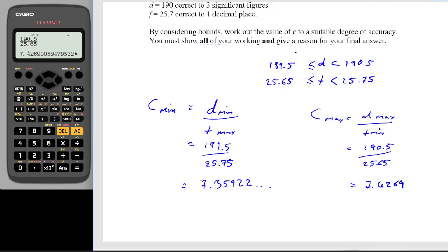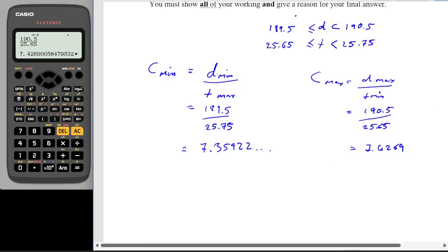Right, so both values would round to 7.4, but then the minimum value to 2 decimal places would be 7.36, and my maximum value would be 7.43. So they split at that point.